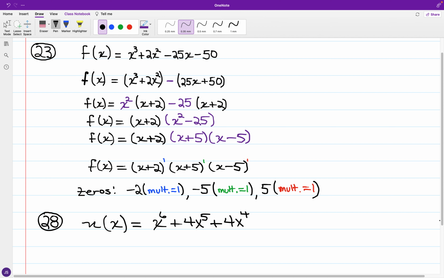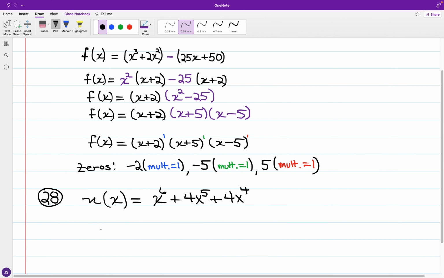And just like number 23, we can factor, and this time around, we can start out by taking the greatest common factor. So all of these expressions are variable terms in the letter x, and the greatest common factor is going to be x to the 4th.